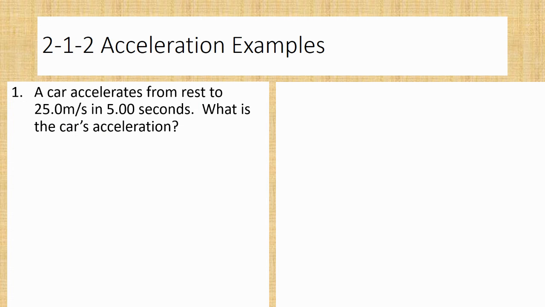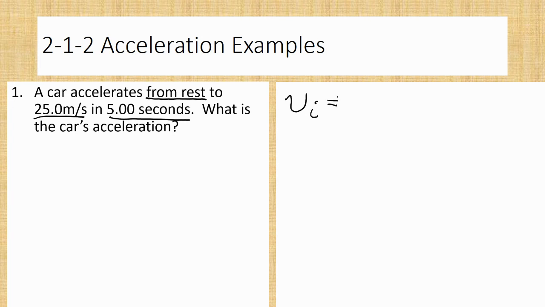So let's take a look at some examples now. Our first one here says a car accelerates from rest to 25 meters per second in 5 seconds. What is the car's acceleration? So let's begin by taking a look at what we know. It accelerates from rest to 25 meters per second in 5 seconds.